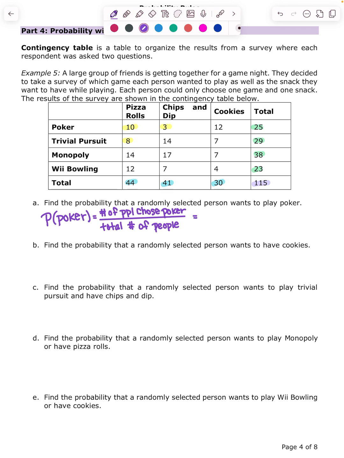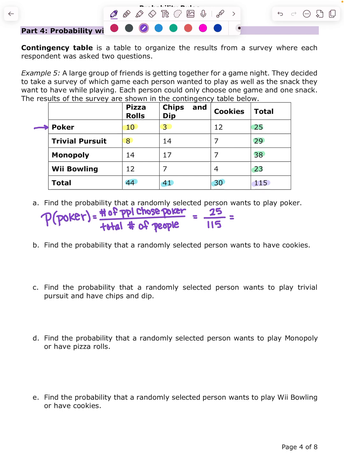Looking at my table, if I look across the row for poker, we can see that there are 25 people that chose to play poker divided by the 115 people that were getting together.